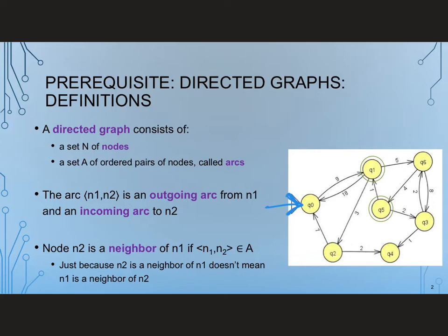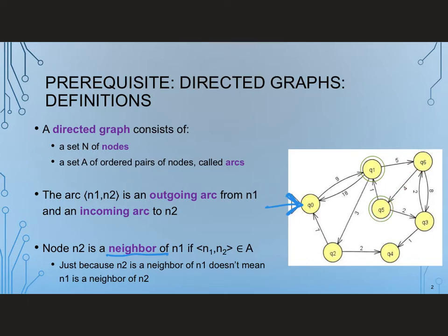keep it clear. There is, however, this concept of a neighbor, and you need to be careful with a neighbor because the idea with a neighbor is that if you have your arc is a pair, from N1 to N2, N2 is a neighbor of N1 if there is an arc from N1 to N2, but that doesn't mean it goes the other way. So for example, let's look here.